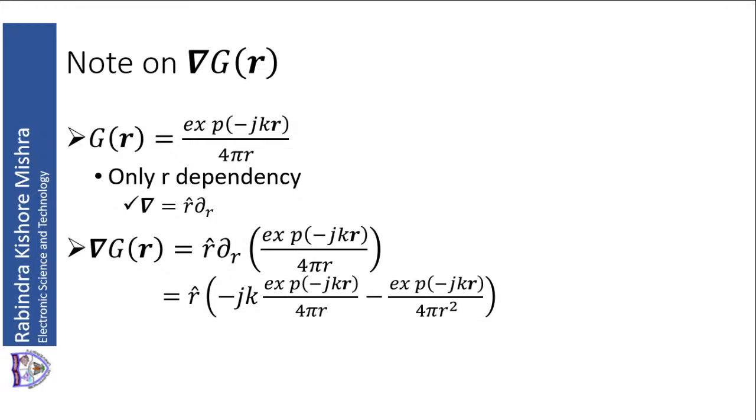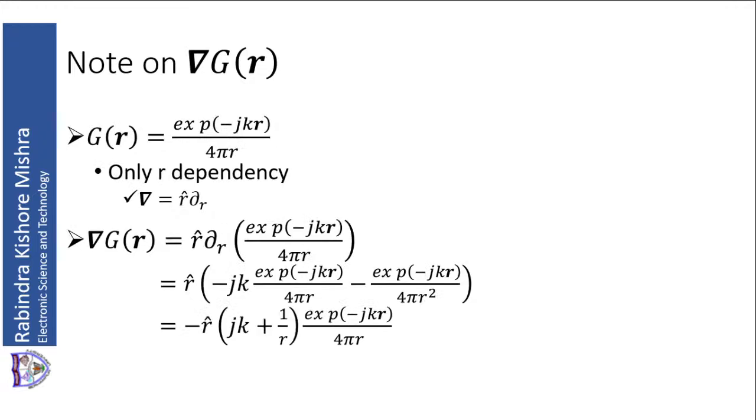Now if you look at these two terms, what is common is exponential minus jkr by 4 pi r. So let us take that common outside. Grad G is equal to minus r cap, because minus is also common, into jk plus 1 by r, into exponential minus jkr by 4 pi r.